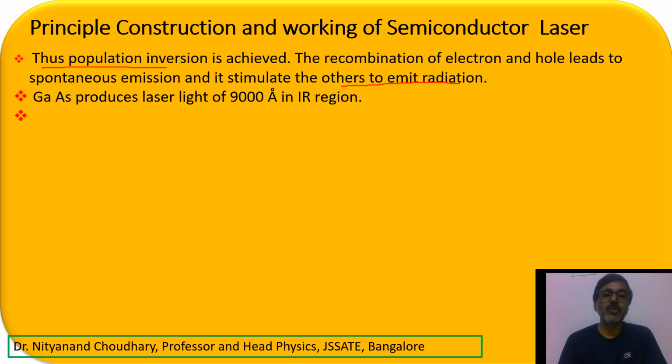In turn, they are going to fuse, and the photonic energy is getting released. In case of gallium arsenide, the energy gap is such that you will get a wavelength nearly in the range of 9,000 angstrom, which is in your IR region. So here the laser beam which is getting generated will be in your IR region.